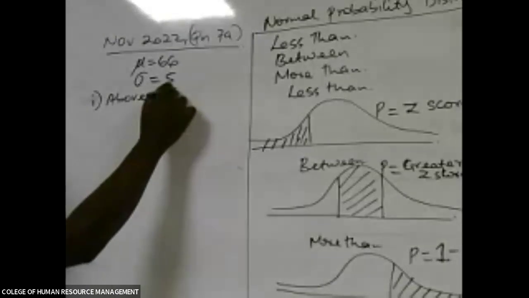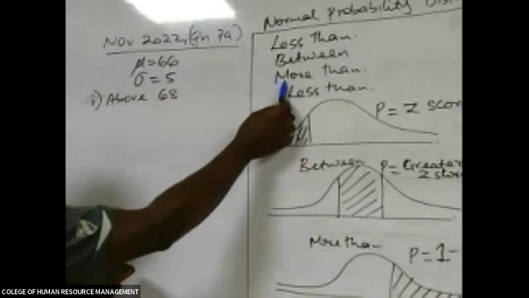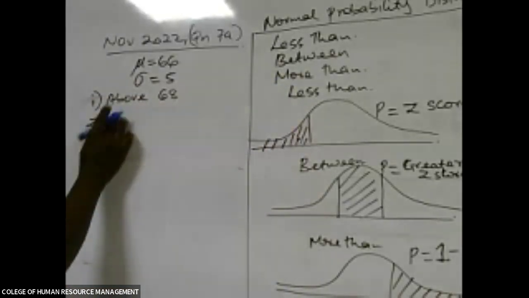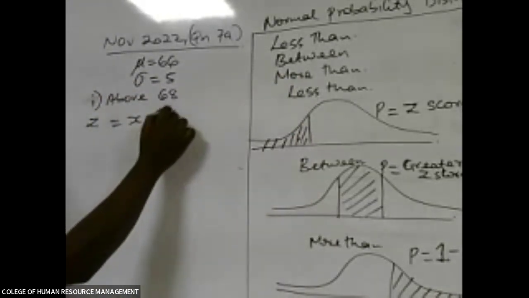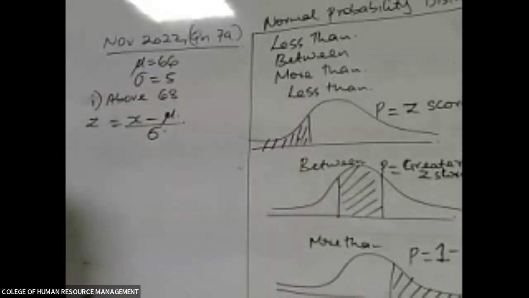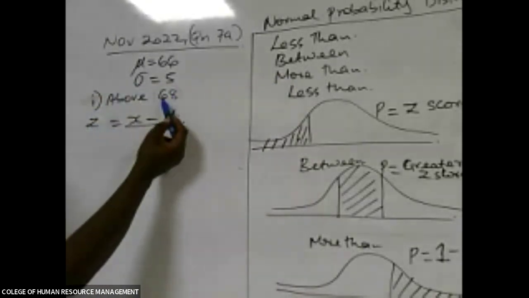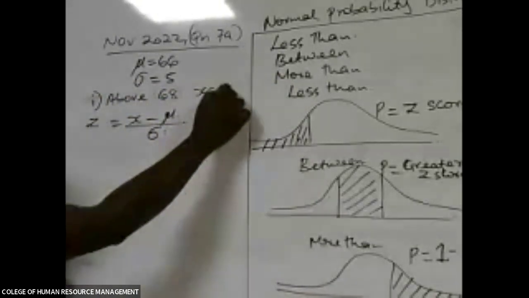Above 68. Remember that one is the same as more than. For above 68, what you will do, you will calculate the z-score. You say z is equal to x minus mu divided by the standard deviation, where x is the value that you are given there. If you are told above 68, your x is 68.